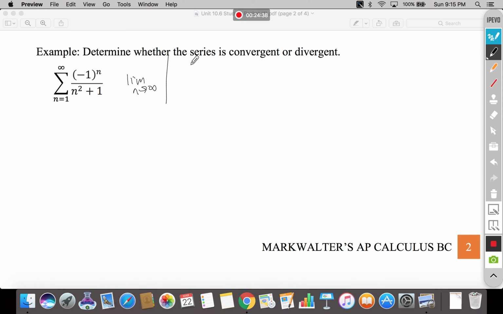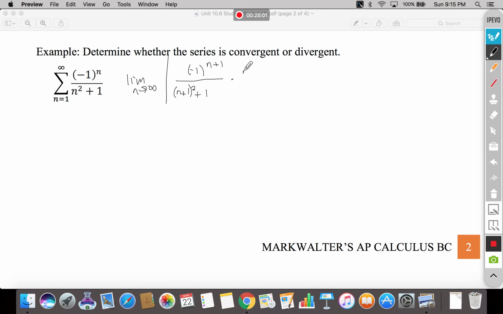So I want to get here, right? Negative 1 to the n plus 1 over n plus 1 squared plus 1. All right, so far that looks pretty good, right? That's all I need. Times, again, I'm dividing by this, so I'm going to multiply by the reciprocal.